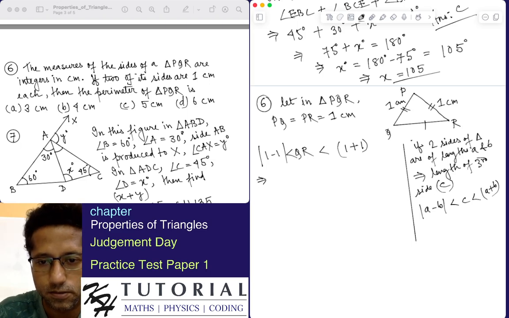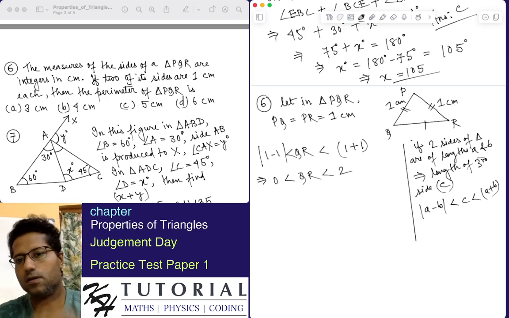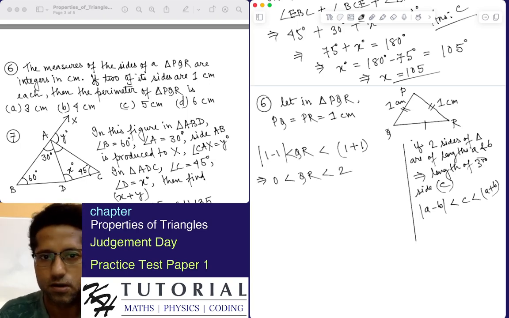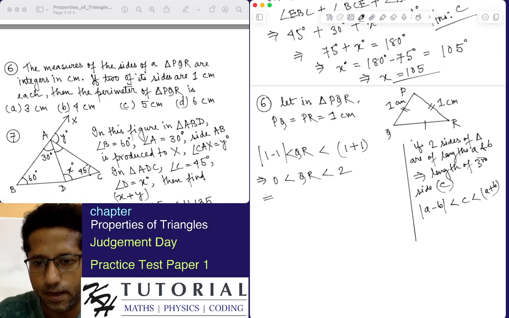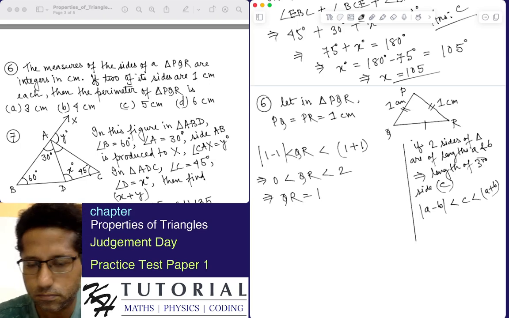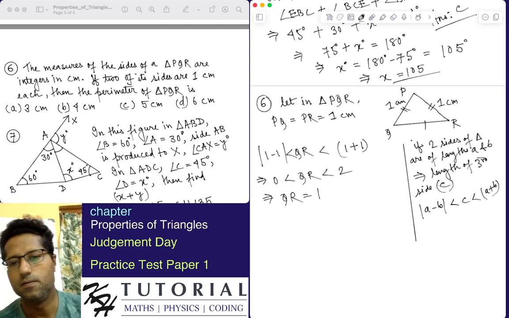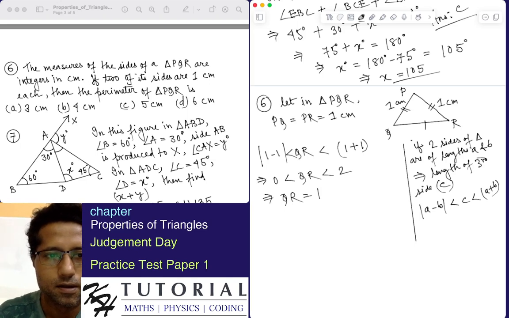So we must have 0 less than QR less than 2. Since the measures of the sides are given to be integers, QR has to be equal to 1. This is the only choice, because between 0 and 2 there is only one integer, 1. So the other side is 1.